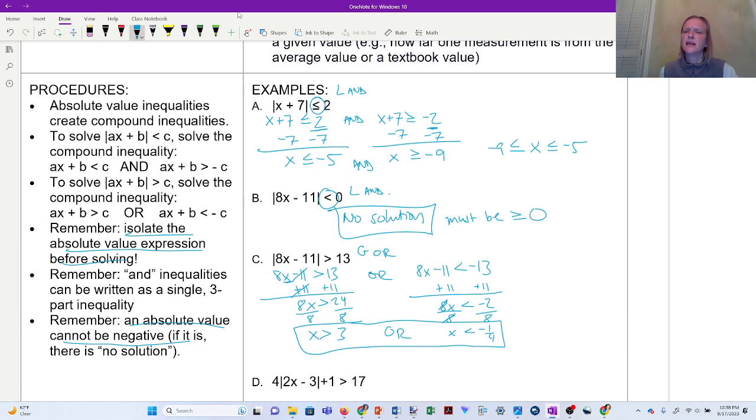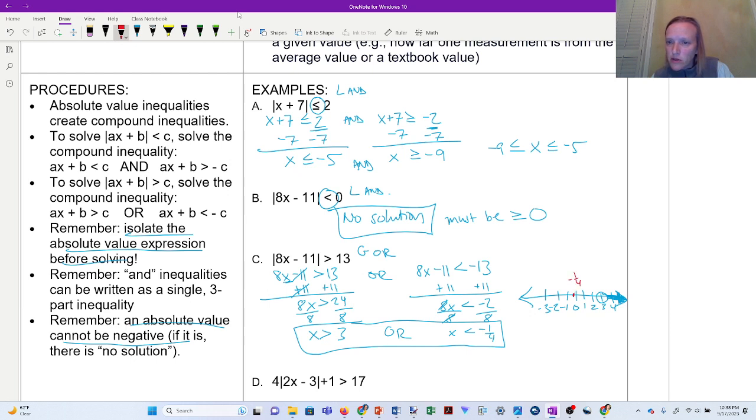Of course, just like in the last topic, we can be asked to label these on a number line. So if we did that here, we would see x is greater than 3. Or we could go down to here, x is less than negative 1/4.